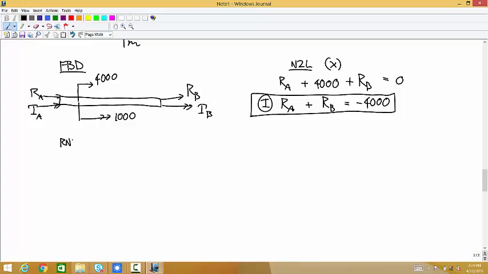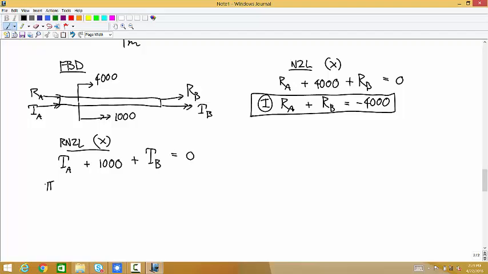And then the moment equation about the x-axis says fancy TA plus 1,000 plus fancy TB is equal to 0.